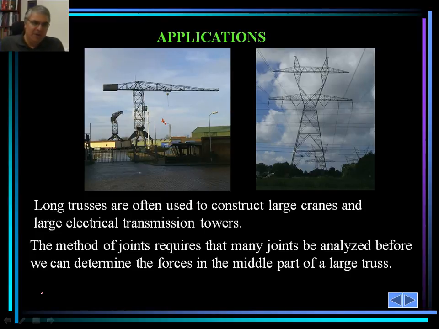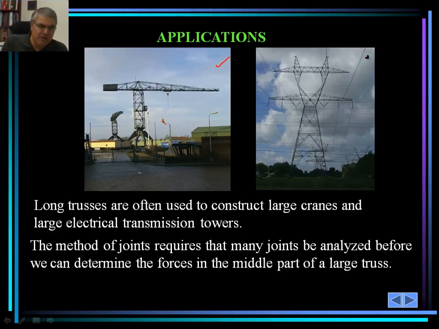Some of the applications of trusses in general and the method of sections in particular. As you know, we can have many large trusses. Two of them are shown here. One is a large mobile crane, and that's shown on the left-hand side of this figure.